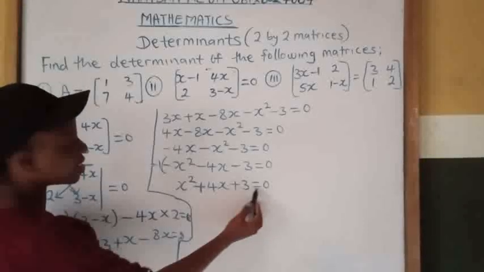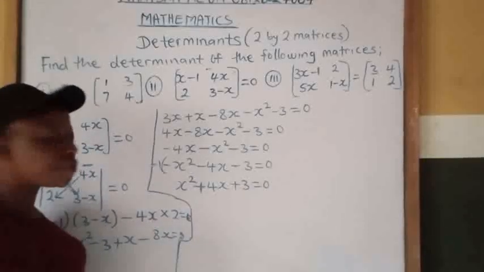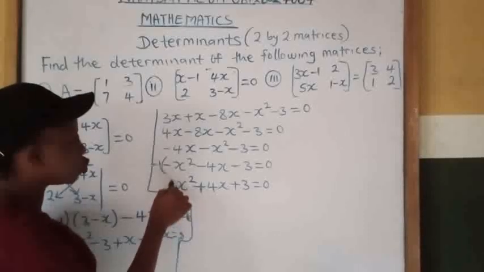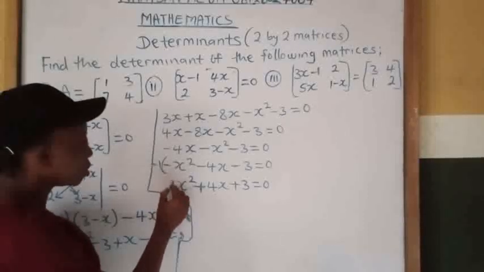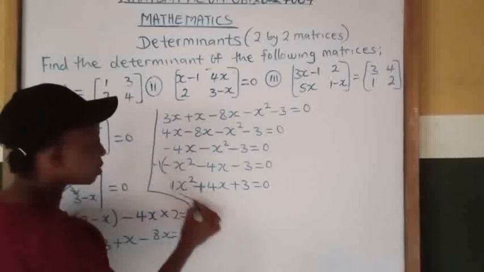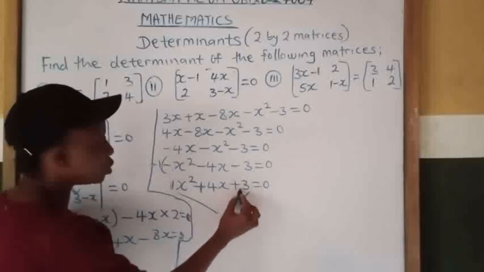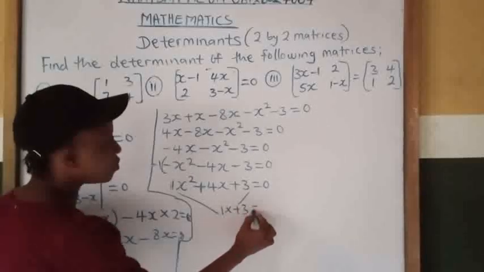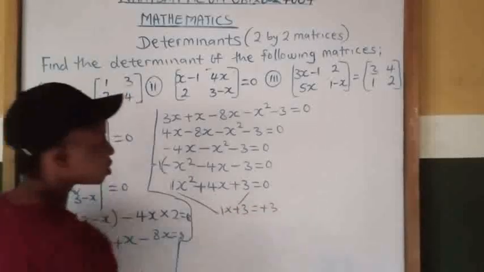So this is a quadratic equation, so we are going to solve it quadratically. The coefficient of x raised to power 2 is 1. Then multiply by the constant value 3, that's 1 times plus 3, which gives us plus 3.